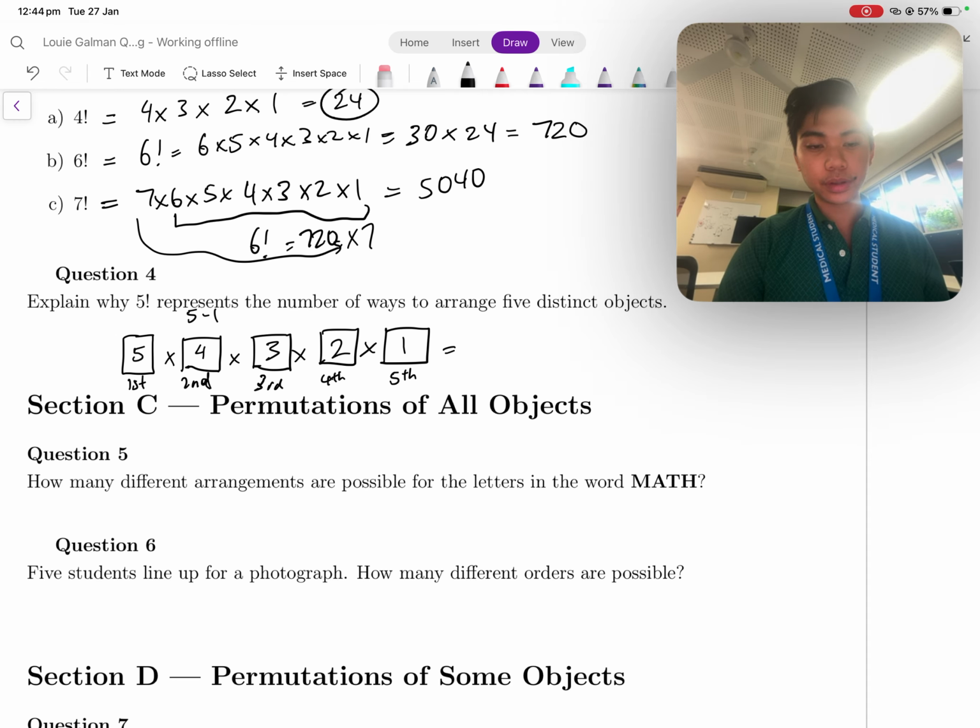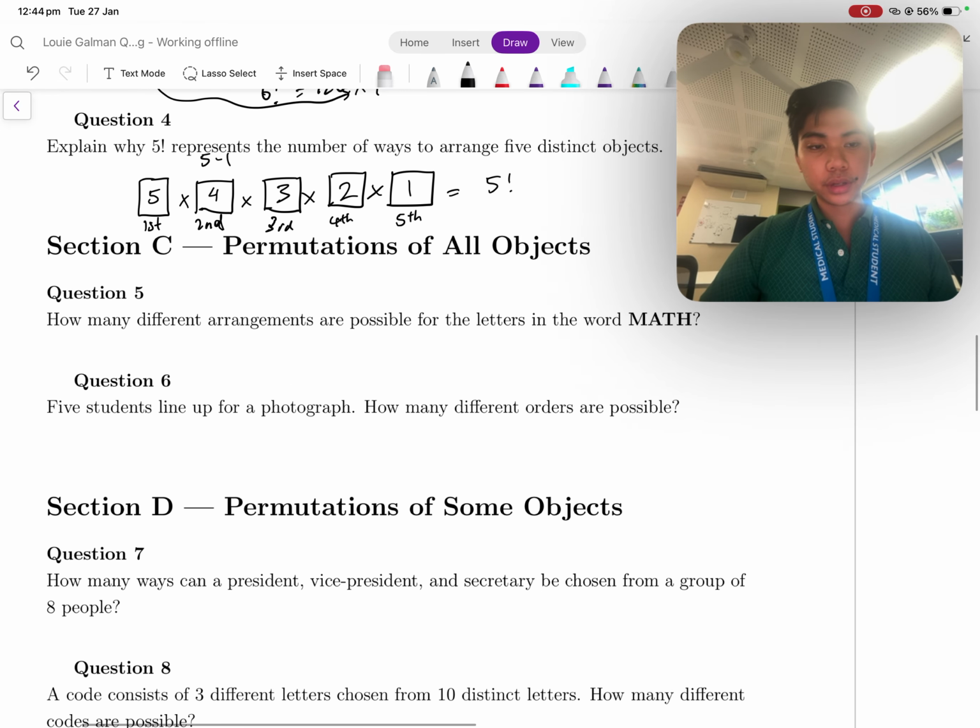In other words, this is just 5 factorial, because we're doing 5 multiplied by all the whole numbers below that until 1. So that explains why 5 factorial represents the number of ways to arrange 5 distinct objects.